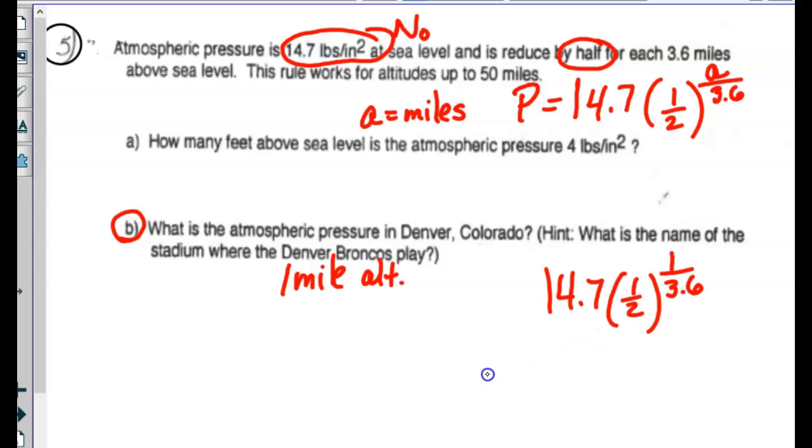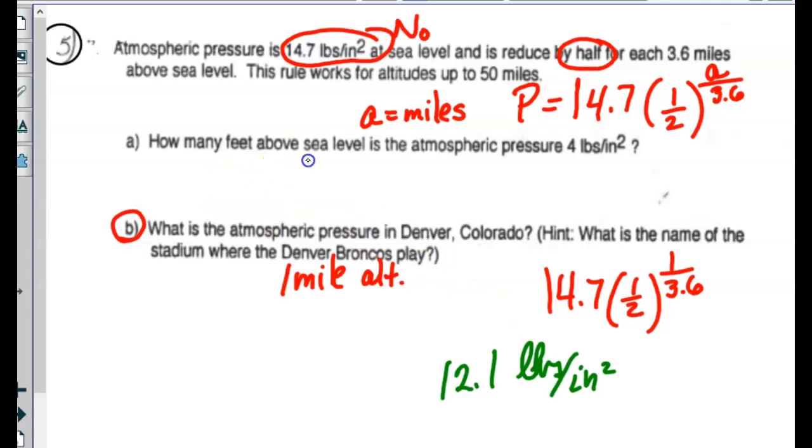Anybody get an answer? Yep, about 12.1 pounds per square inch.